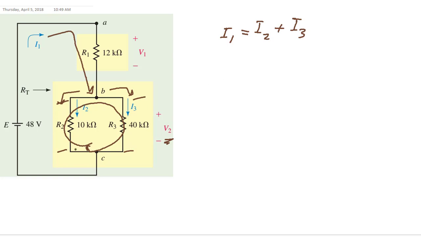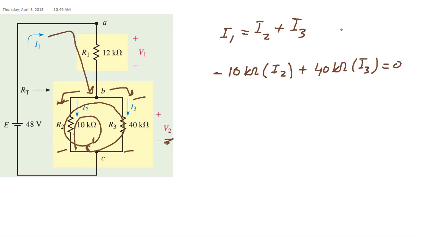I am going from this point, making a clockwise loop. So minus 10 kilo ohms times the current I2 plus the 40 kilo ohms times the current I3 equals 0.